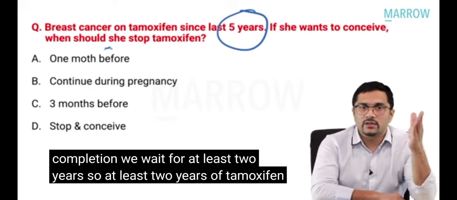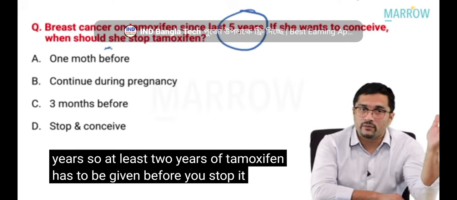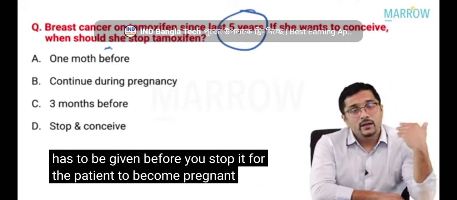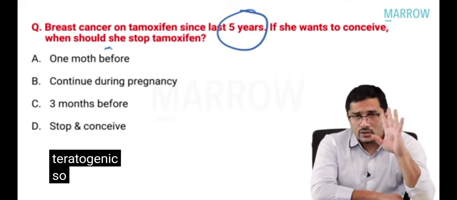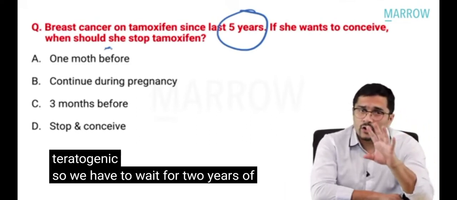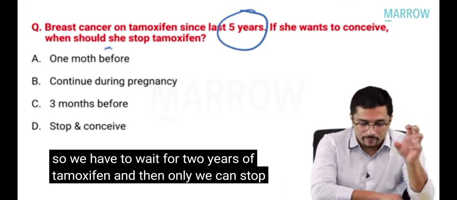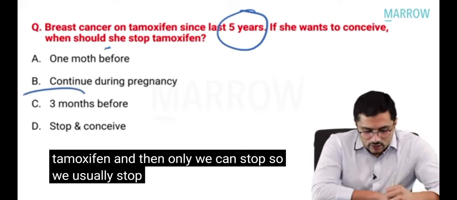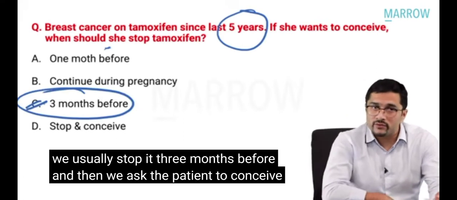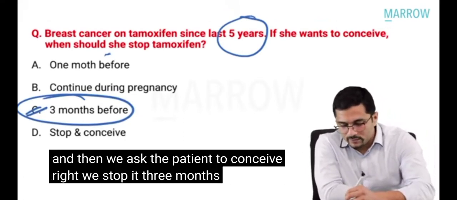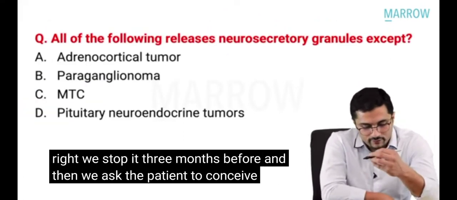So, at least 2 years of tamoxifen has to be given before you stop it for the patient to become pregnant. Why do we have to stop it? Because it is teratogenic. So, we usually stop it 3 months before and then we ask the patient to conceive, right.